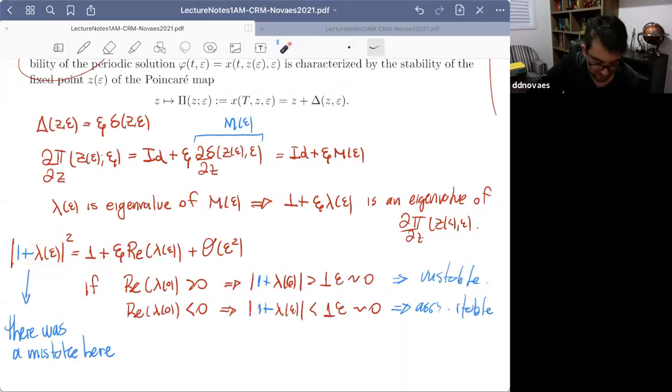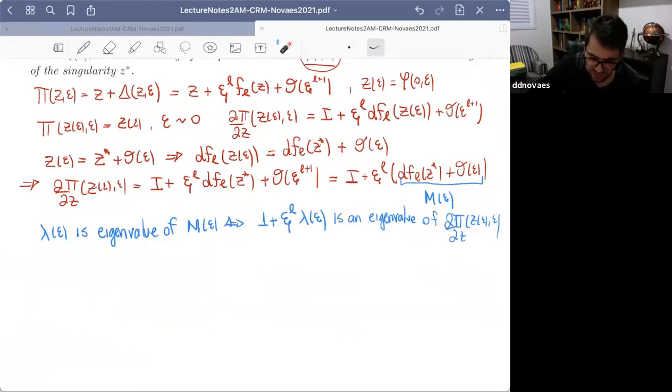It's not what I mean. The square of the norm of 1 plus lambda epsilon, okay? Actually, there's this typo here.